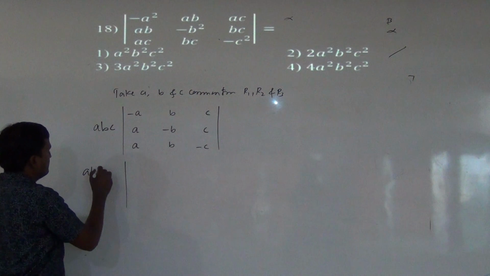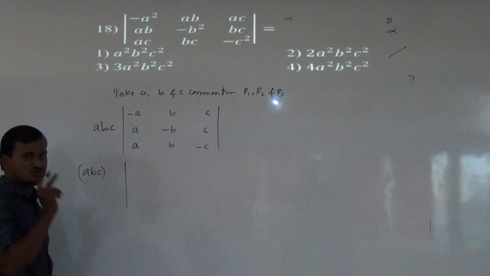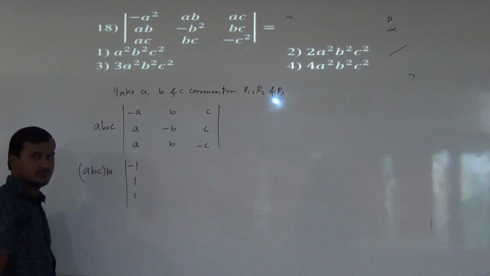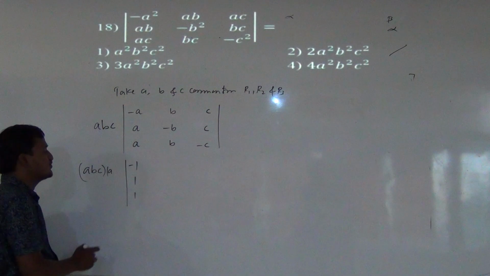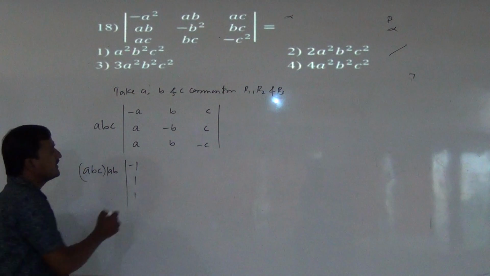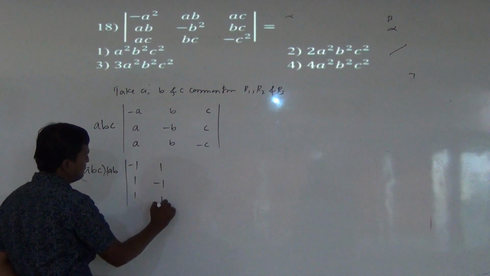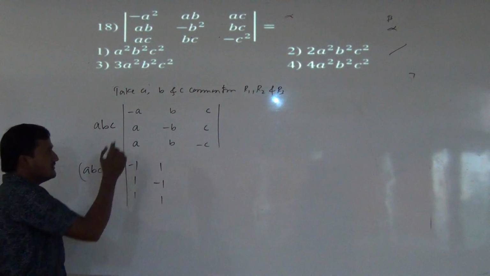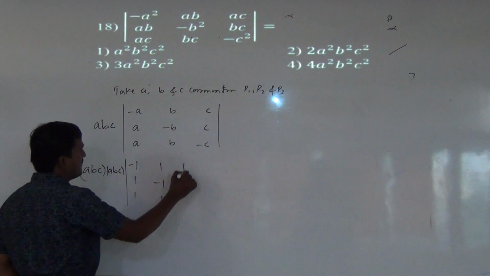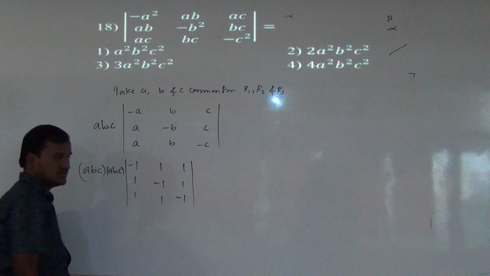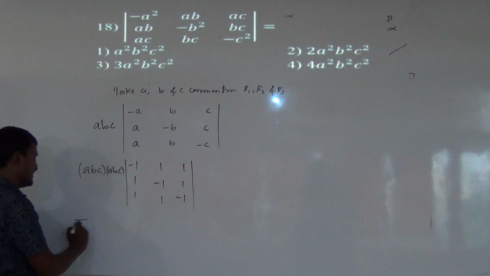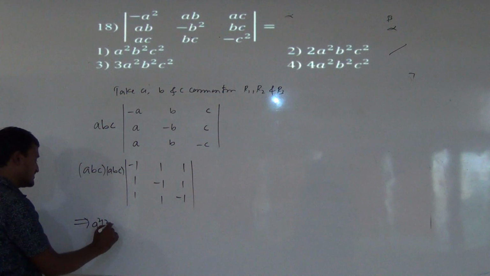Take A common from C1, so A into minus 1, 1, 1. B from C2: 1, minus 1, 1. C from C3: 1, 1, minus 1. So actually you got it like this. ABC into ABC means clearly it is A squared, B squared, C squared.